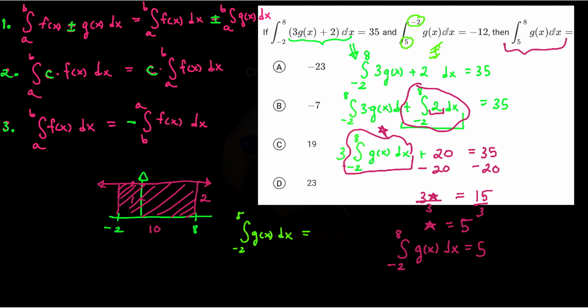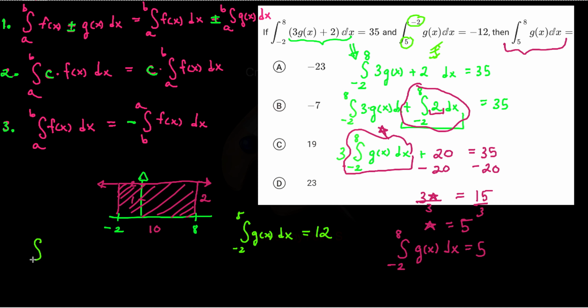That flips the sign of this integral, so that way I get 12 for this value. And then I know from 5 to 8, and I'm looking for what 5 to 8 is, so I should know now that I could write, let's see what I have here.